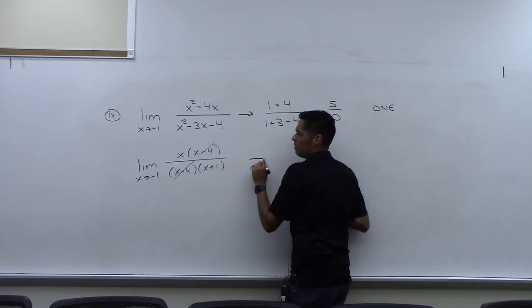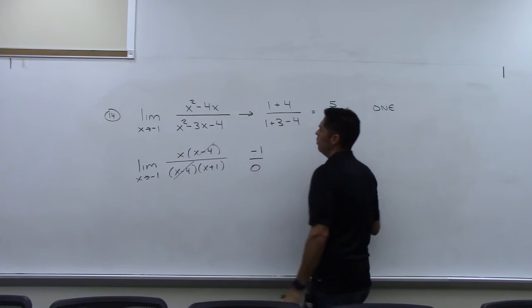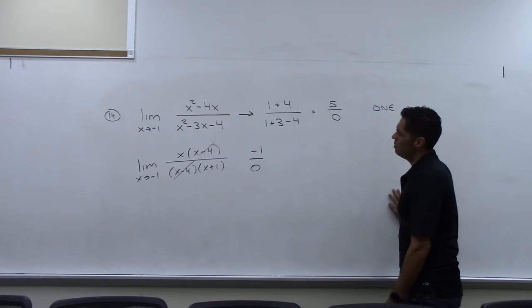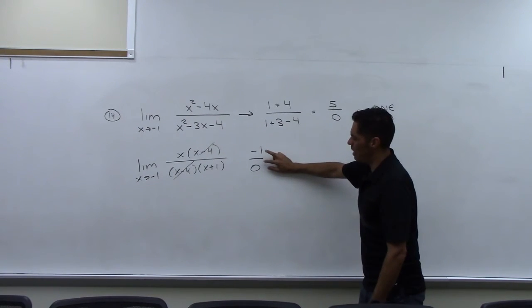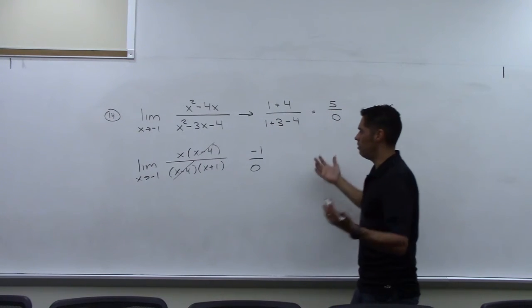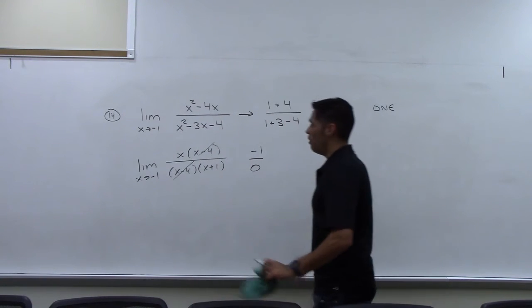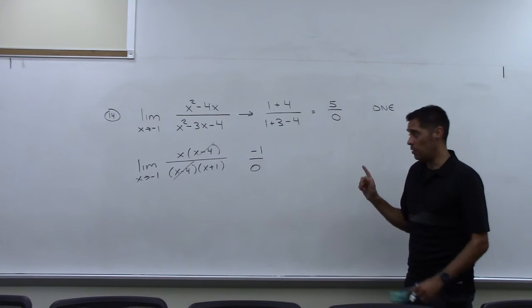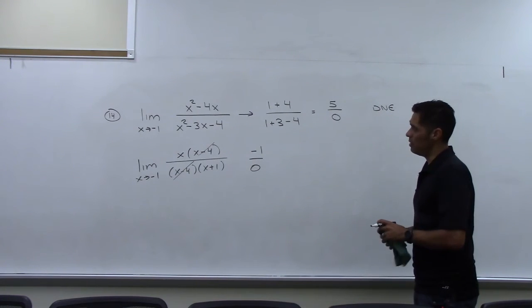This part up here is -1. Because we're still going to get the division by 0, there's nothing I can do about it, right? So the limit can't exist. And this is where we're having an asymptote. Now we will deal with this in a little more detail later, very soon. But for right now, we're just going to say it does not exist.